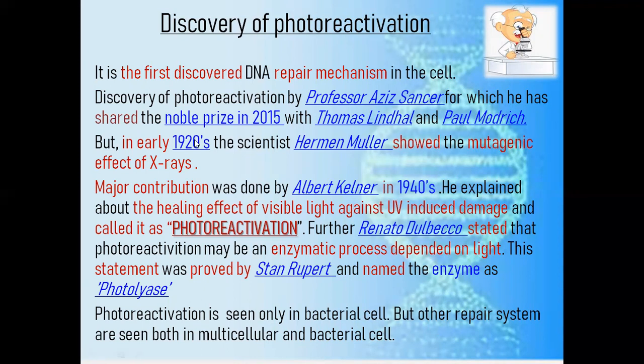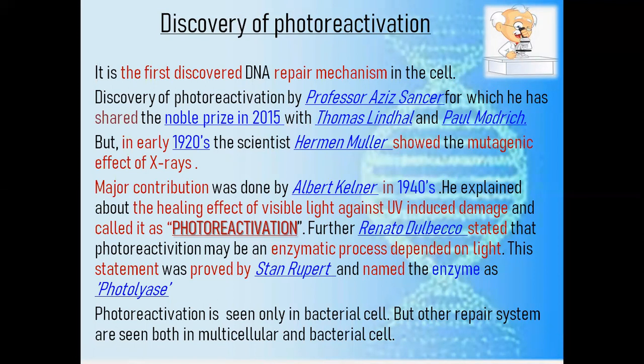In the early 1920s, the scientist Hermann Muller showed the mutagenic effects of X-rays. In the 1940s, Albert Kelner showed the healing effect of visible light against UV induced damage. So he called this process photoreactivation.